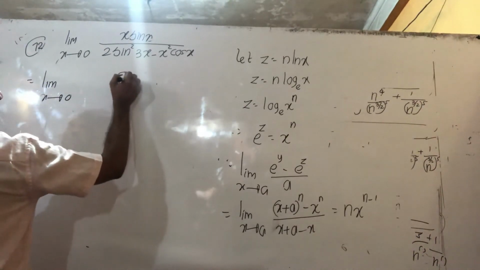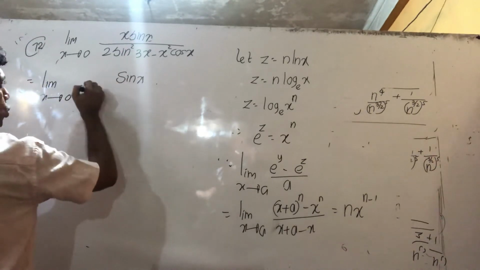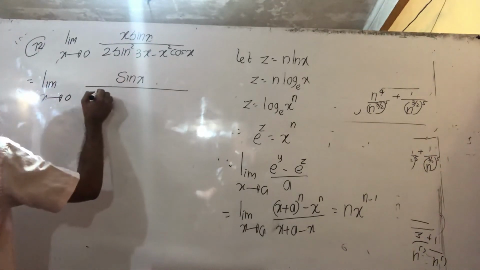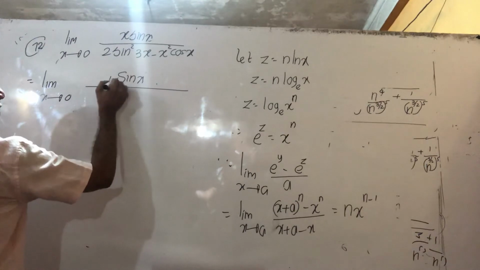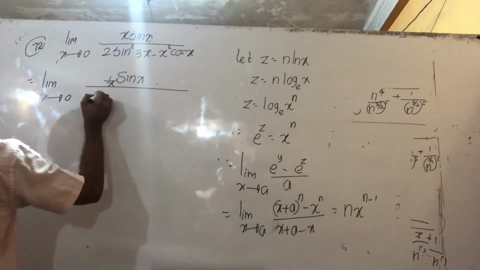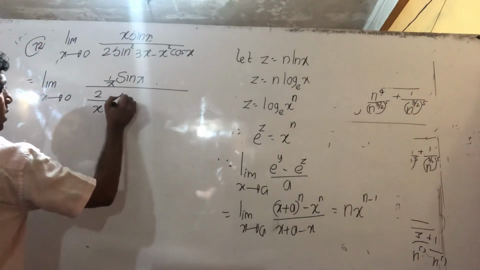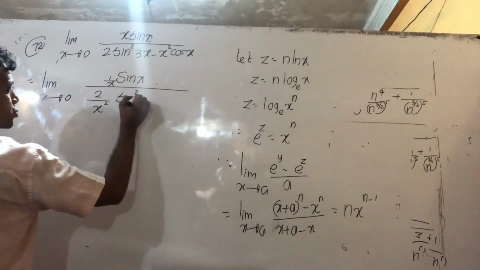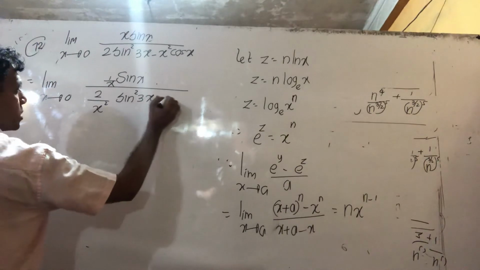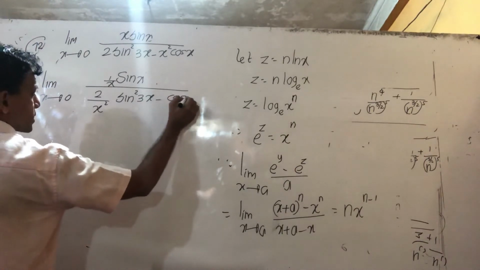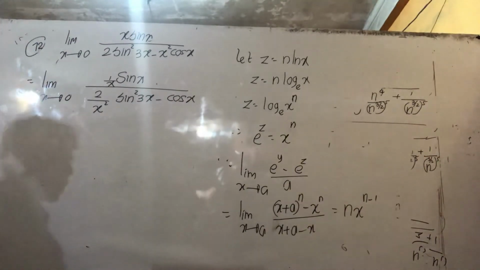Sine x over x, 1 over, I divide by x square, right? 2 over x square sine square 3x minus cos x. I divide by x square.